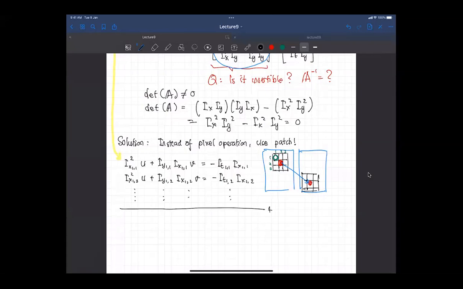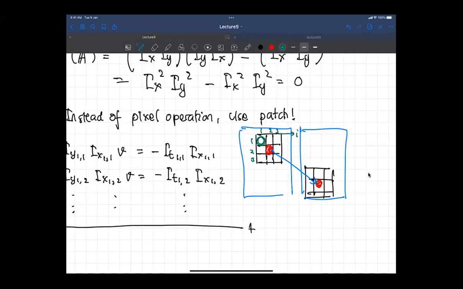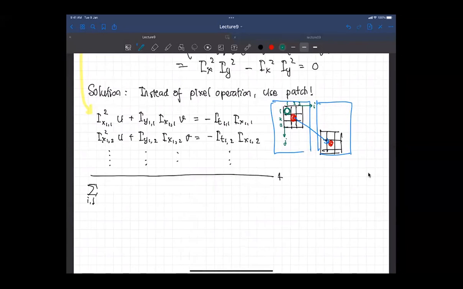If I sum them, it will be the sum over i and j, where i is this one and j is that one in the patch, the index of the pixel in the patch.